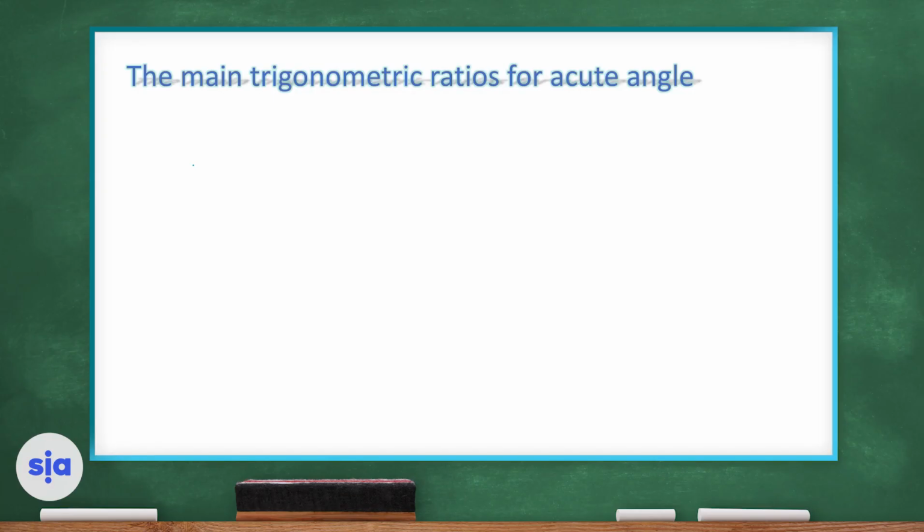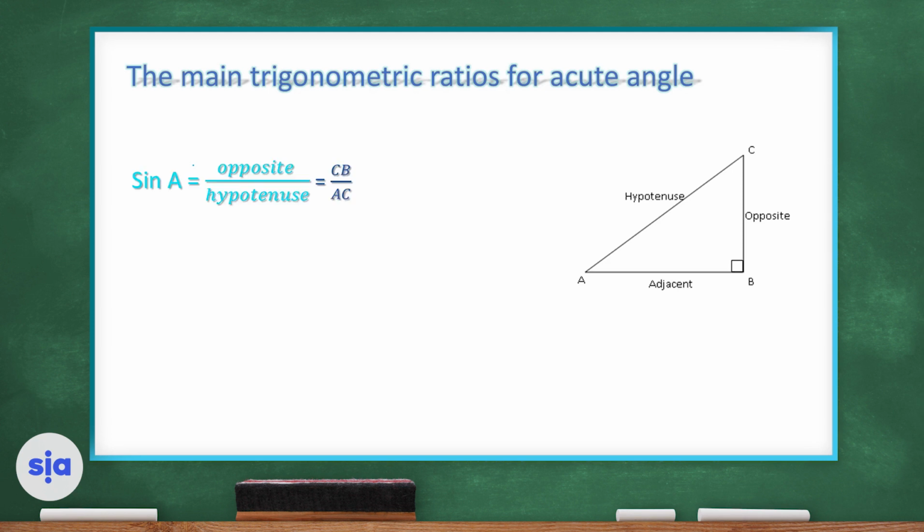As you can see here, in a right triangle ABC, for angle A, BC is considered the opposite side, AB is considered the adjacent side and AC is considered the hypotenuse.